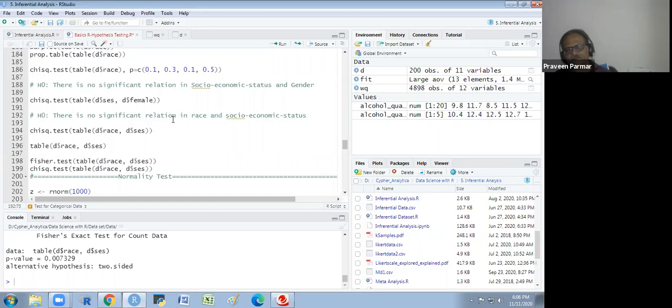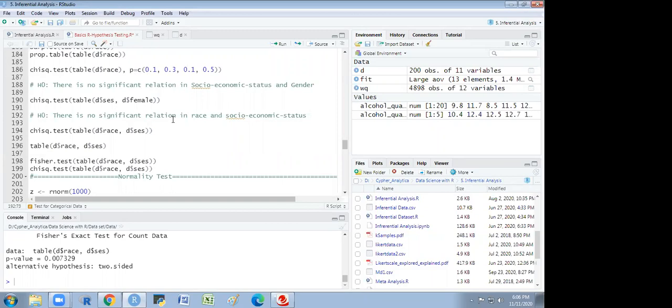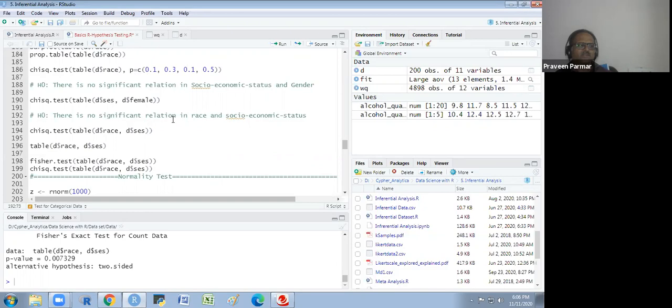It means persons of some particular race have a high socioeconomic status. So it is showing that.